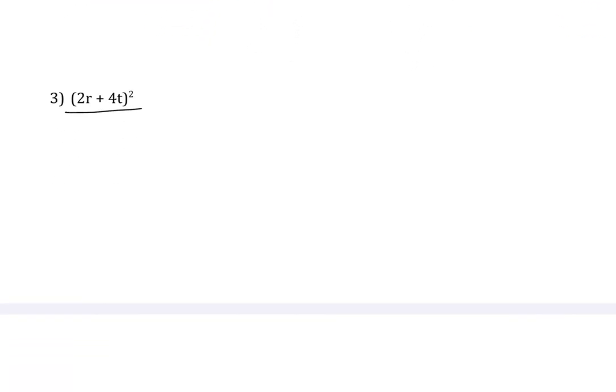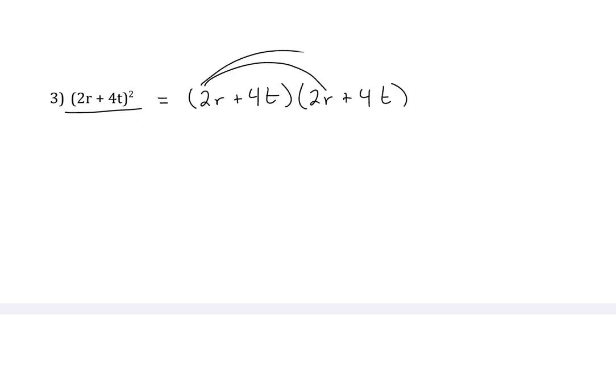Let's tease out this one. So we know that anything to the power of 2 is just multiplied by itself. So I'm going to say 2r plus 4t to the power of 2, which is 2r plus 4t times 2r plus 4t. Now this one right here is just something that we're comfortable with, that we've seen before, so I'm just going to demonstrate that distributive property again.